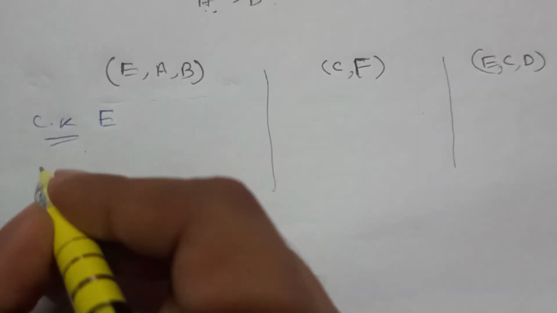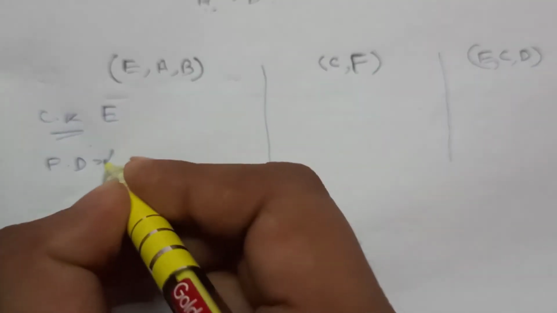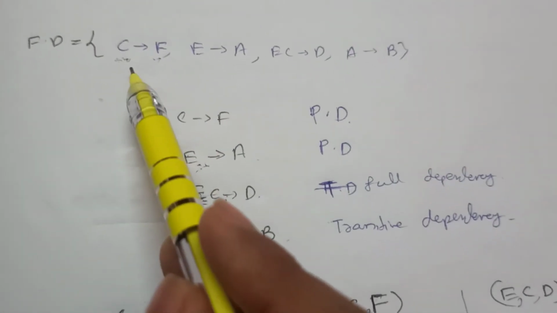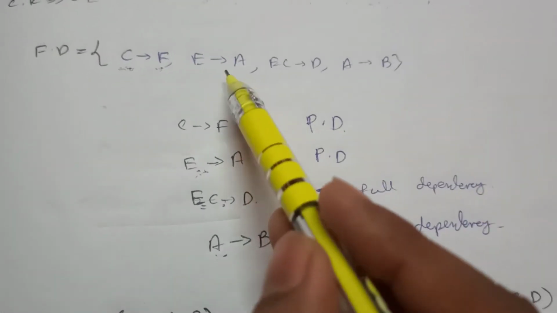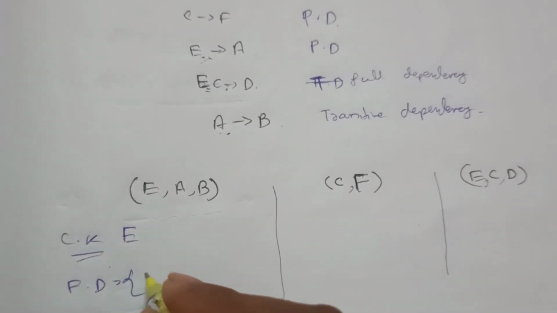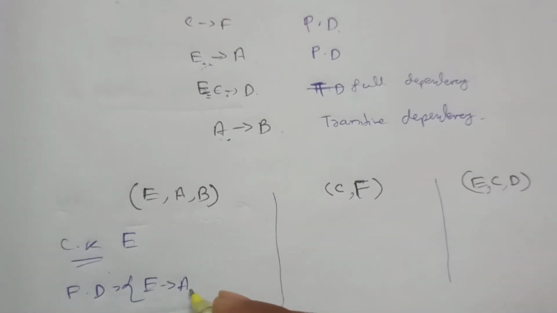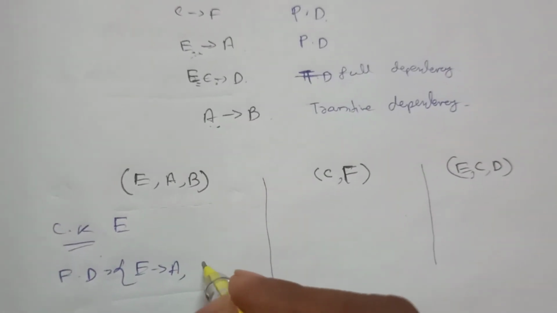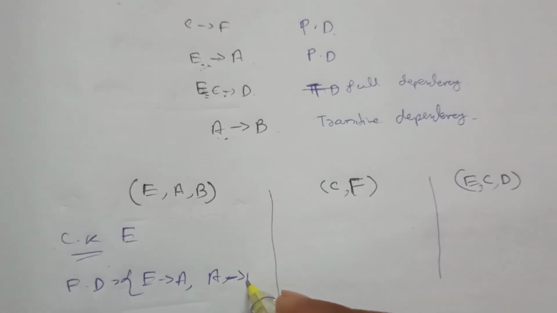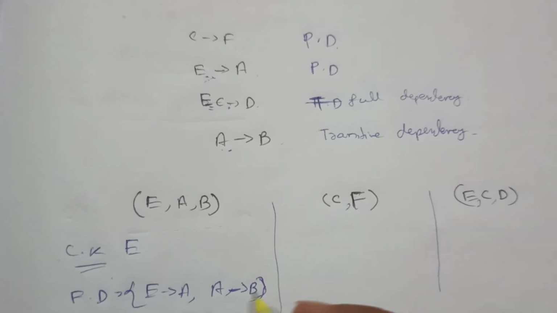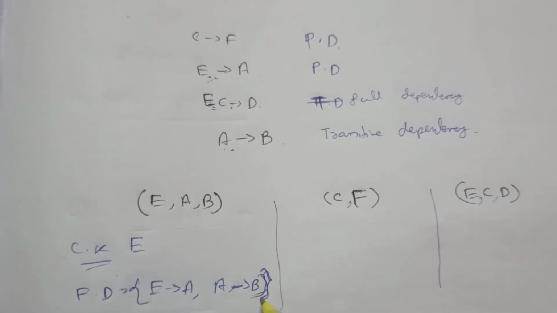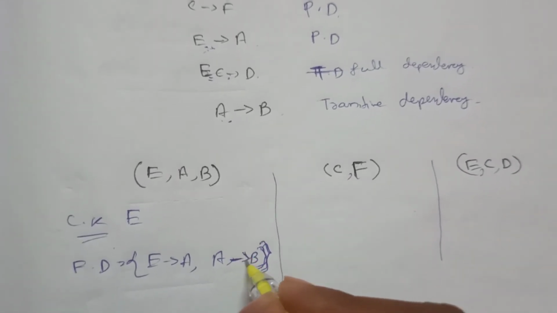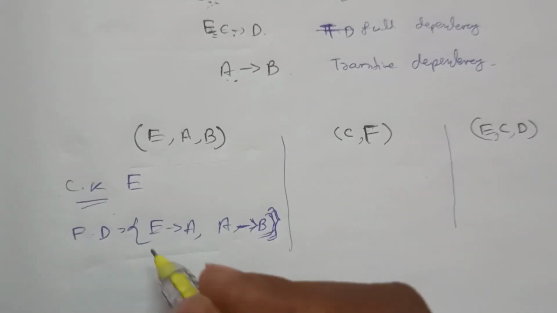Let's check from the actual table: E can determine A. So this functional dependency belongs to this table. Also A can determine B. If A is our non-prime attribute and B is also a non-prime attribute, then this is a transitive dependency but not a partial dependency. So this is in 2NF.